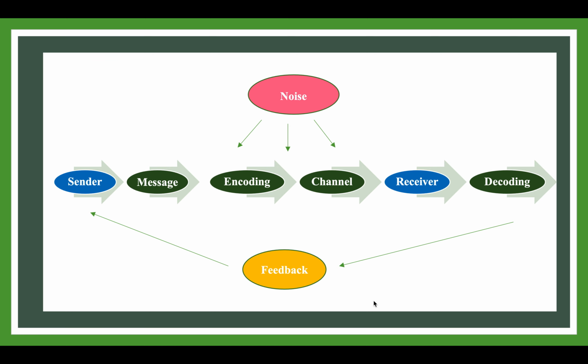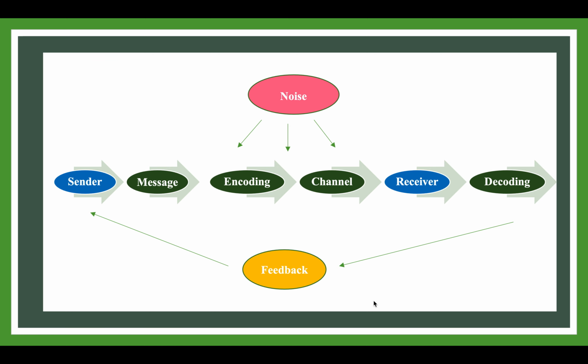Basically, in any communication, two things are compulsory. One is that there has to be a sender of a message, and another is there has to be a receiver of the message. So, sender and receiver are the two important aspects of any communication to get completed.